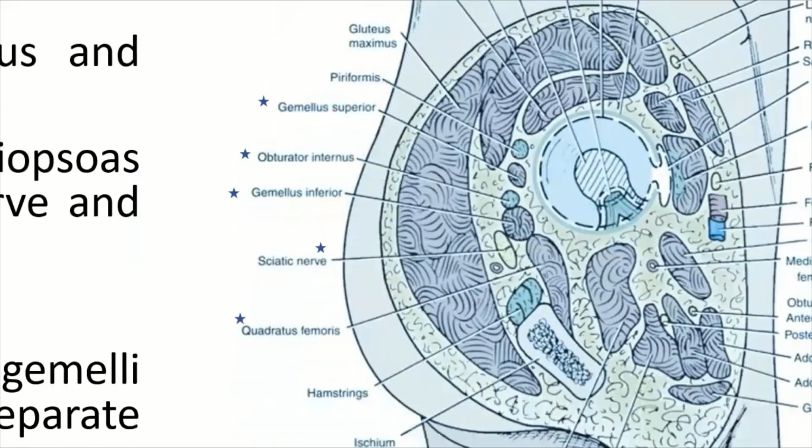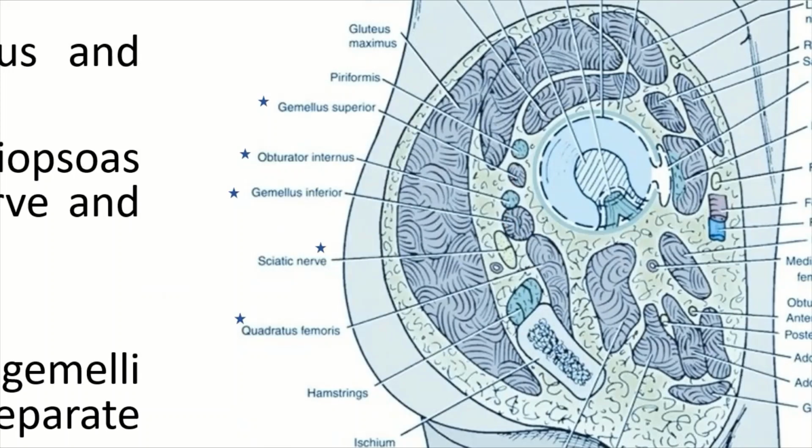Let's move on to the posterior relations. Over here you can see the gemellus superior, gemellus inferior, and obturator internus, these three muscles. And then the quadratus femoris.